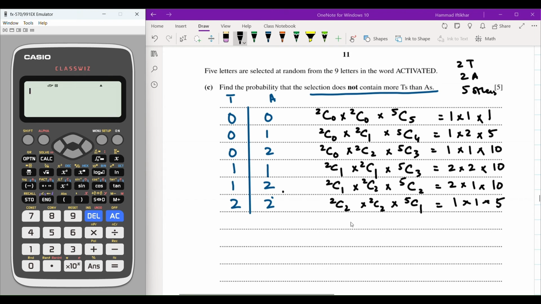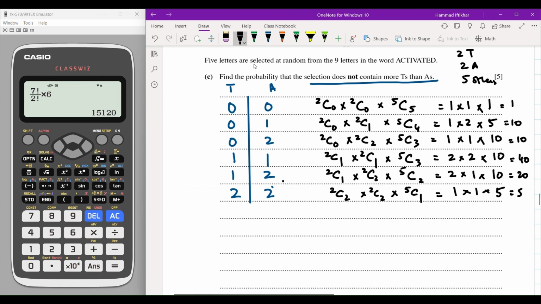We need to total them up first, which is 1, this is 10, this is 10, this is 40, this is 20, this is 5. So the total is 1 plus 10, 10 plus 10, 20, plus 40, 60, 80, 85, and 86.